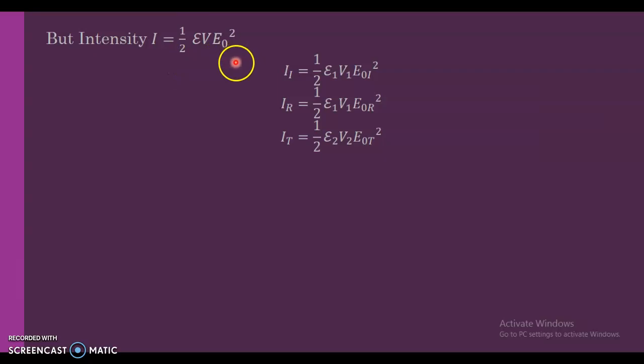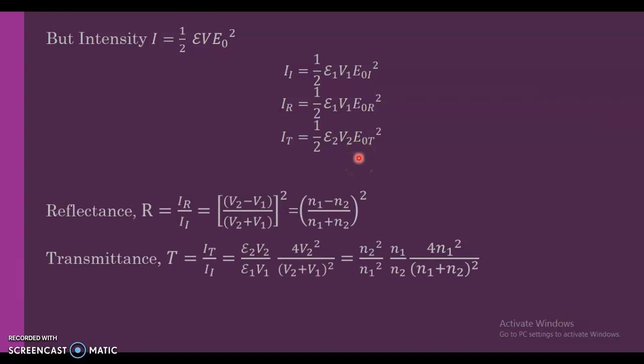Using this expression, we can calculate II, IR and IT as II is equal to half epsilon1 V1 E0i square, IR is equal to half epsilon1 V1 E0r square, and IT is equal to half epsilon2 V2 E0t square. Here you can see that II and IR, that is the incident wave and reflected wave, are in medium 1, represented by the subscript 1, whereas IT is the transmitted wave intensity, which is in medium 2 and is represented by the subscript 2.